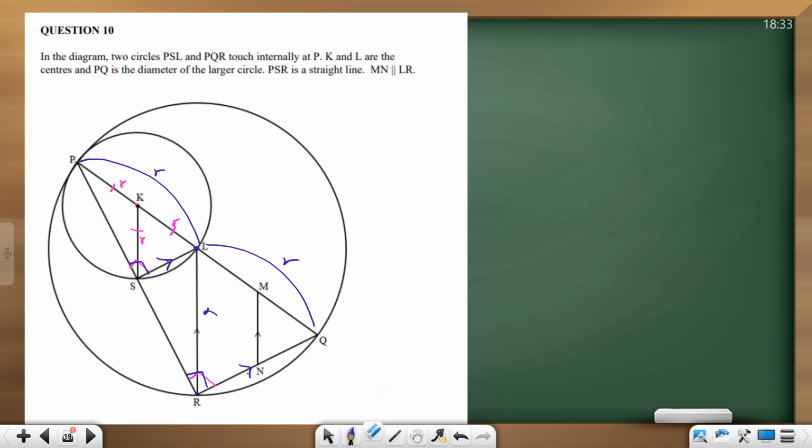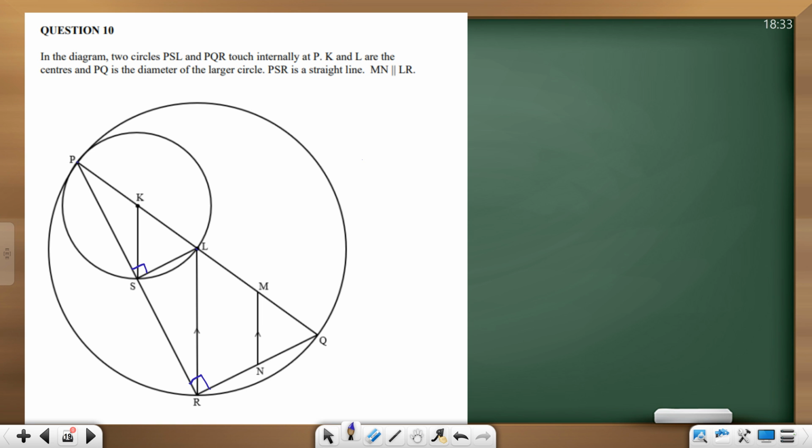I'm going to clean this again and go through from the beginning. We are told that PQ is a diameter. Immediately I hear the word diameter, you know what comes to my mind, right? P angle R equals to what? 90. But if I check, PL is also a diameter because it passes through the center. It means angle S is also equal to 90.